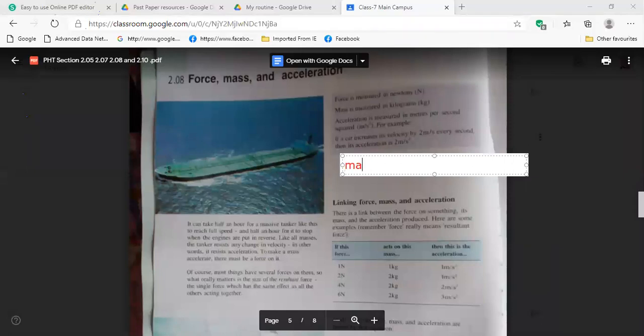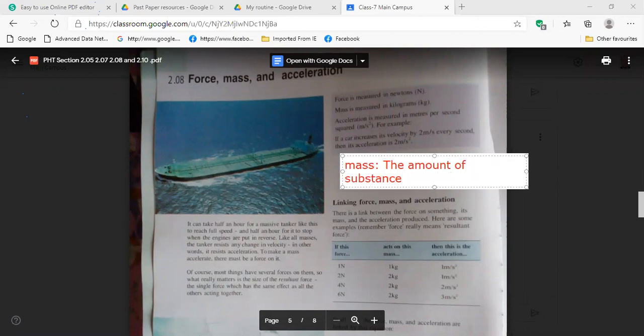Mass. Mass is the amount of substance present in an object is called mass. If you are saying substance, it is okay. If you are saying particles, it is okay.